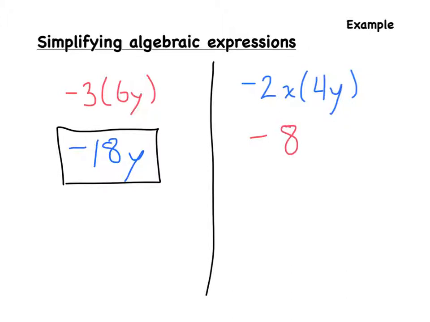And remember, we always have to bring over the x and the y as well. So our answer is going to be negative 8 times x times y. This is read as negative 8xy.